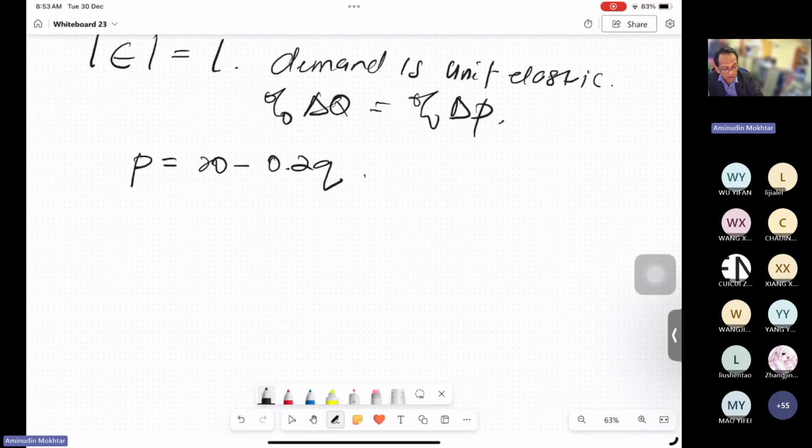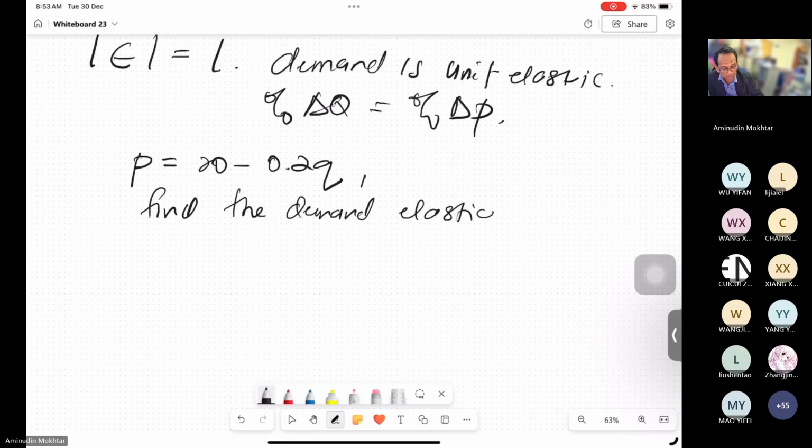The question is, find the demand elasticity at Q equals 10.